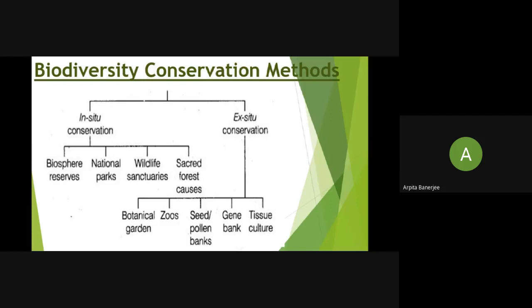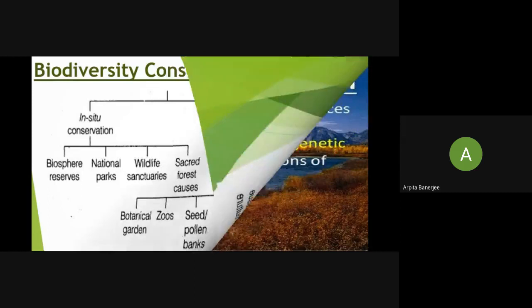And ex situ conservation, botanical gardens, zoos, seed or pollen banks, gene banks, tissue culture are the places for ex situ conservation. Now we'll know what is the ex situ or in situ conservation.